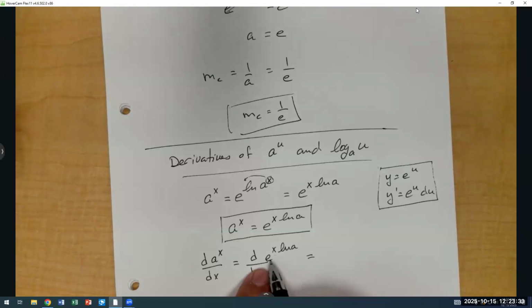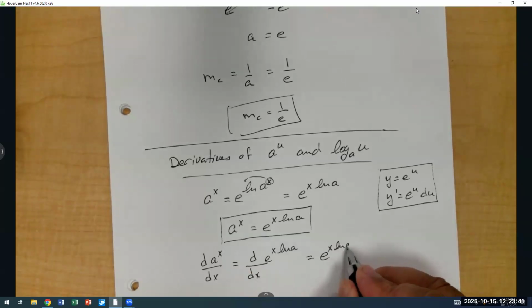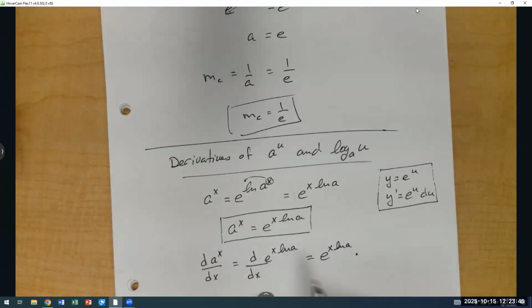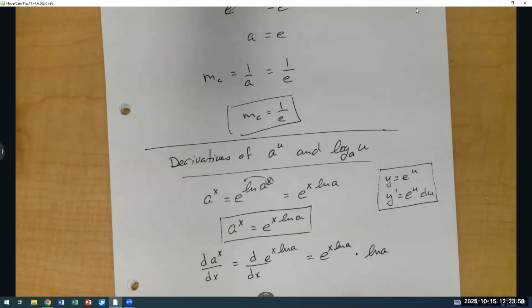So in this case, u is x ln a. So the derivative is e^(x ln a) times the derivative of x ln a. The only derivative you take is of x. What's the derivative of x? 1. So it's times ln a.